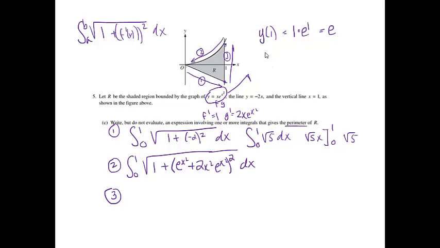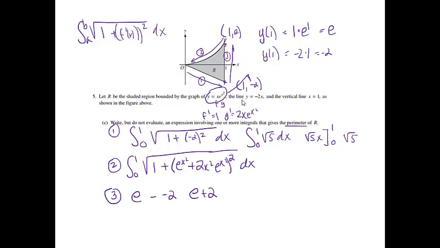And then down below, if I have negative 2x, if I plug 1 into it, I'll get negative 2. So this is 1, e, and this point is 1, negative 2. And so to find the distance, I just subtract the y value, so it's going to be e minus negative 2, so that will equal e plus 2.